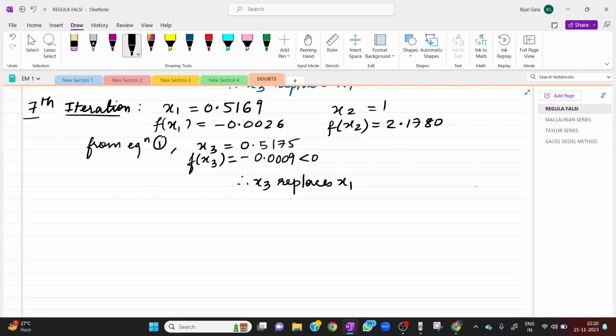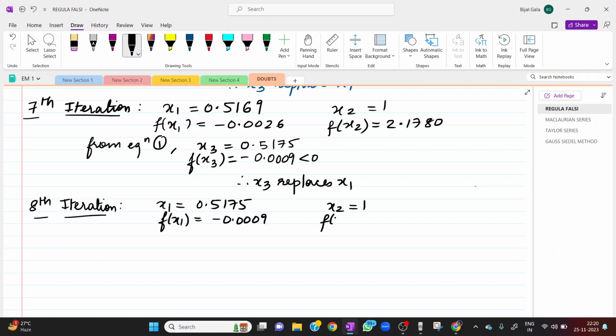Let's calculate the eighth iteration. And we'll get x1 is 0.5175. f of x1 will be negative 0.0009. x2 is 1 again, and f of x2 is 2.1780. And we'll use equation number 1.